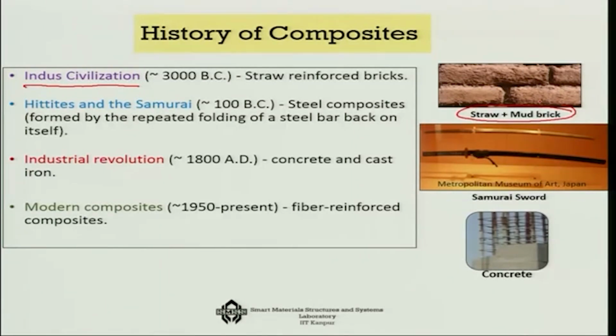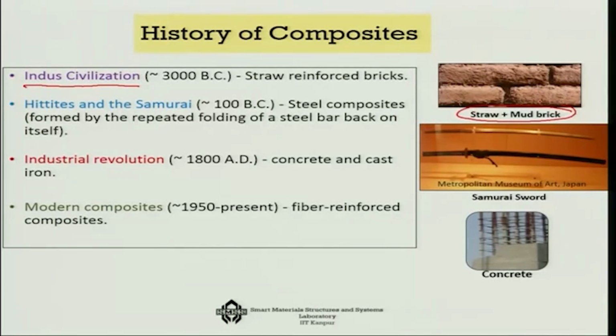And the secret behind this strength is that the straw as a reinforcement works beautifully. It adds strength and it adds other properties like thermal insulation, moisture prevention, etc. to the brick system, and hence this is one of the best examples of the composites that was developed in the very beginning of civilization.